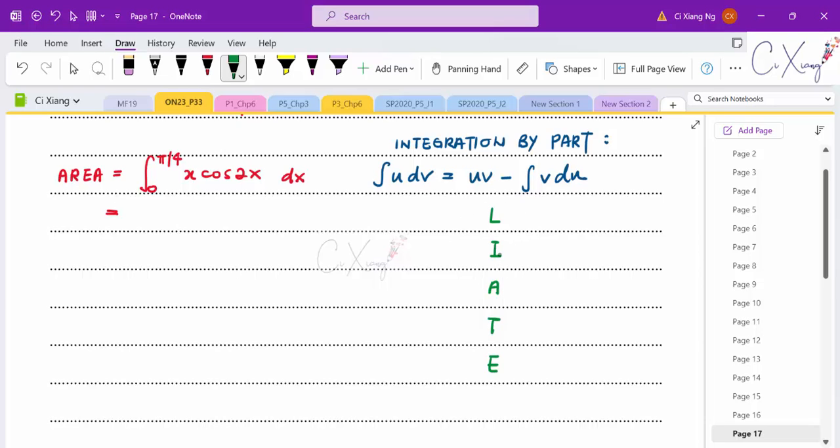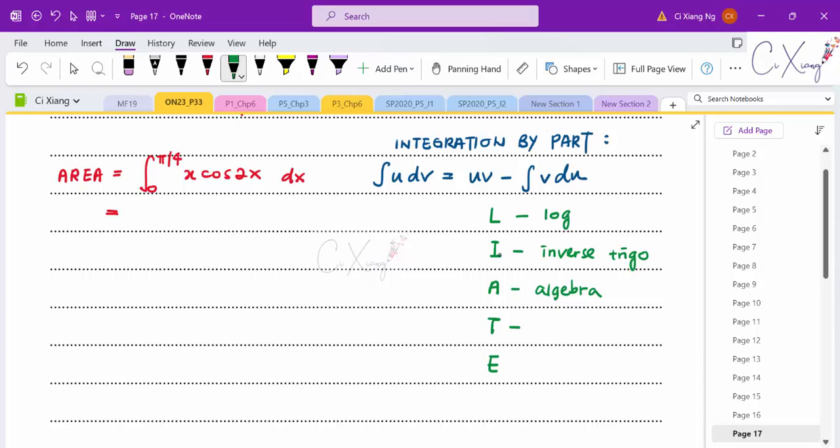So what's the meaning of L? L means logarithmic function or ln function. Then I means inverse trigo function. In our syllabus, only tangent inverse is involved. A means algebra. Algebra means all the polynomials, x squared, x, and all the numbers are also algebra.